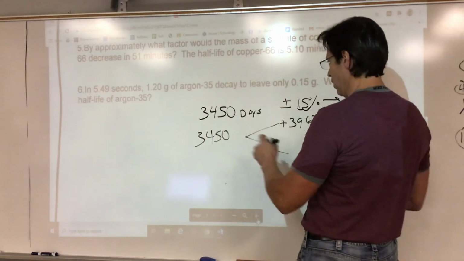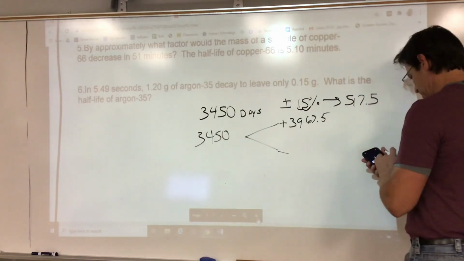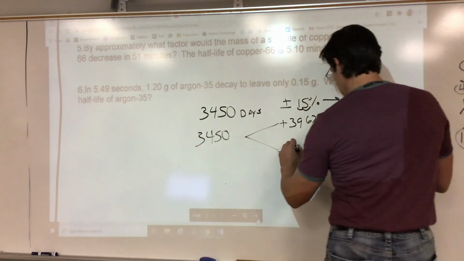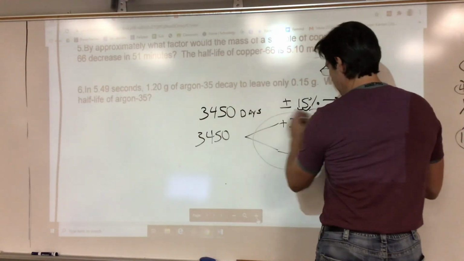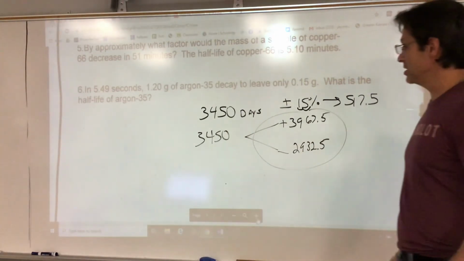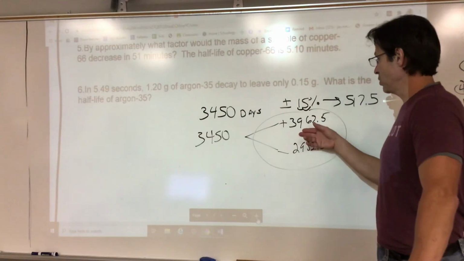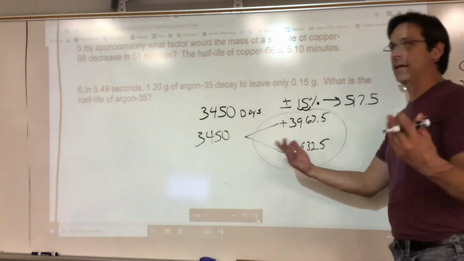Then I would need the low, which is 3450 minus 517.5 equals 2932.5. And that would give me the high and low in days, same as that woolly mammoth one, where I'd say that whatever we radioactive dated is between just under 4,000 days and 3,000 days old. That's that plus or minus.